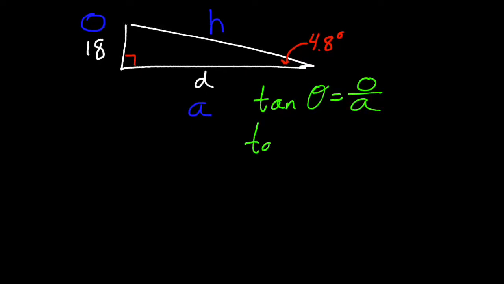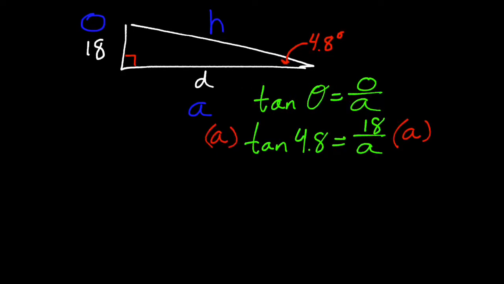The tangent of 4.8 is equal to 18 over D. Our goal is to solve for D. So D is in the denominator, and when D is in the denominator, I like to get it out of the denominator first, so let's multiply both sides by D. Even though I don't know what it is, I can multiply by it.